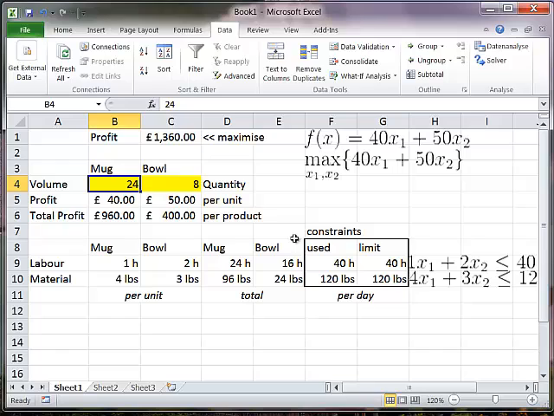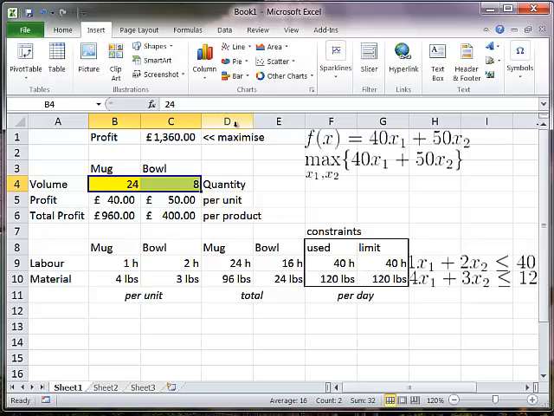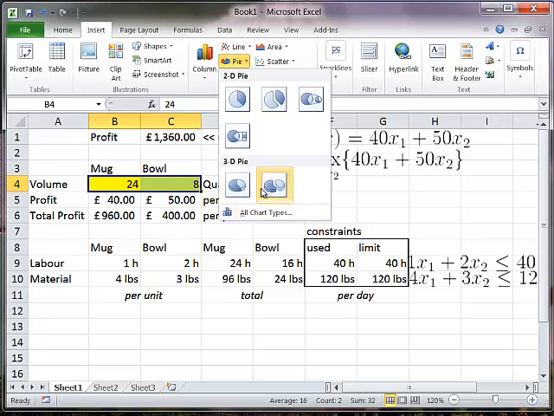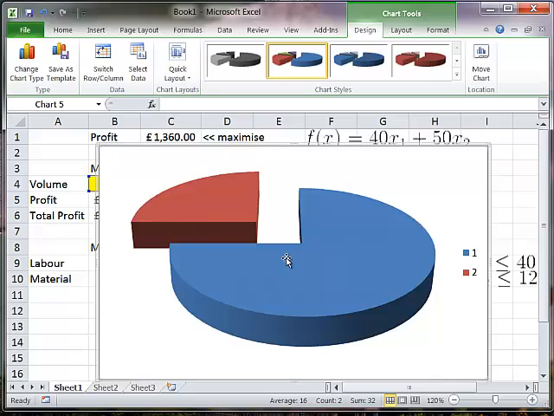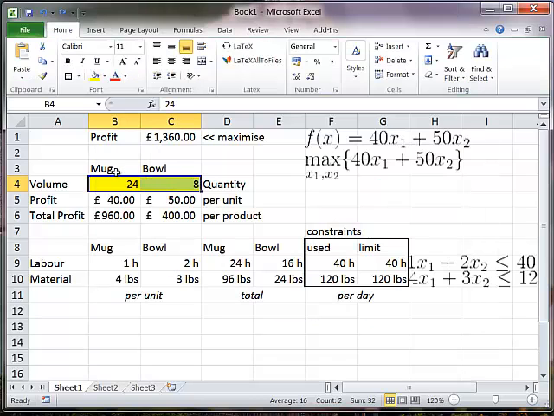So, excellent. So our last task is actually to display that properly in a nice pie chart. I'll just take any. Well, I should have selected a little bit more. Let's undo that again and use mug and bowl as well.